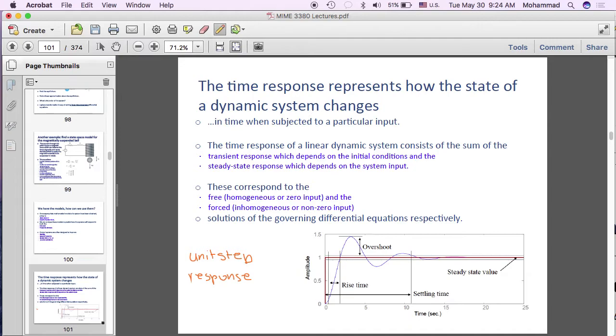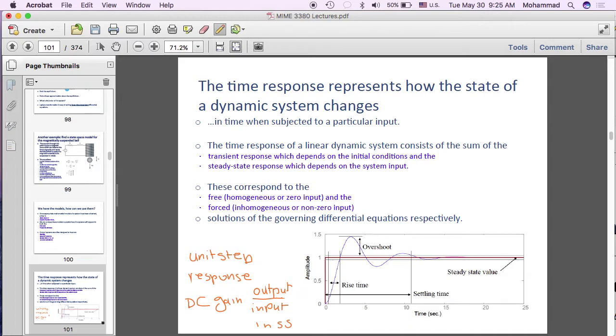The DC gain is the ratio of output over input in steady state. For this system the DC gain is 1, because you give it an input of 1 and it gives you an output of 1, a 1-to-1 ratio.